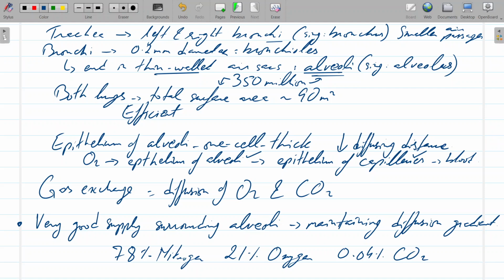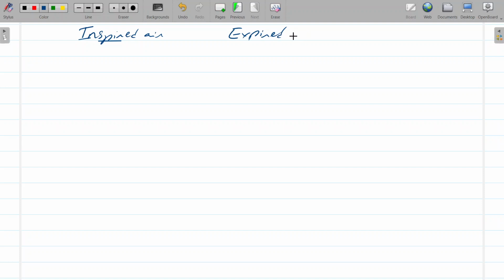So if we go into those numbers, the air that we take in is called inspired air. This is the one we take in, and the air that we remove is called expired air.